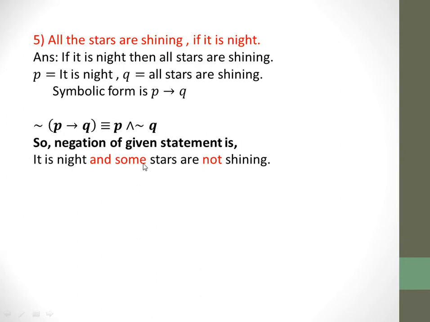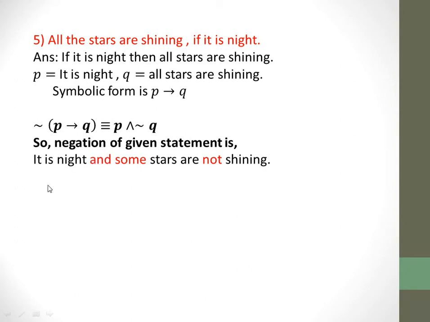See carefully, all becomes some here. So the whole statement is: it is night and some stars are not shining. This is the negation of the given statement.